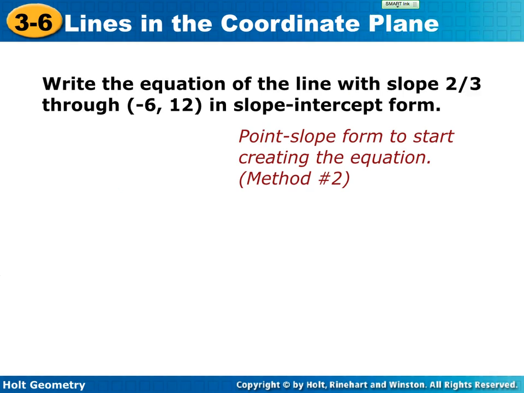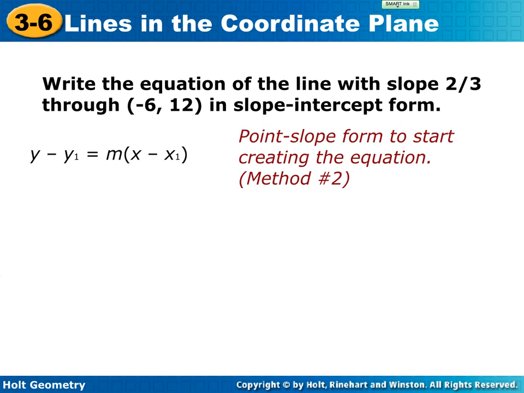And again, I would suggest some of you be writing it in your notes and maybe just put your final equation on the board. Write the equation, ending in slope-intercept form. Let's start with point slope, because that's the information you have.